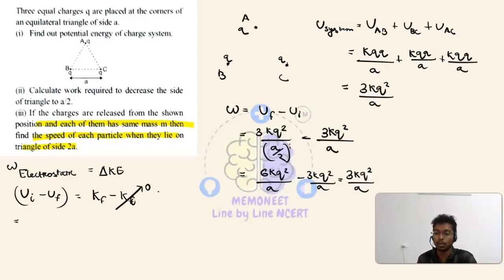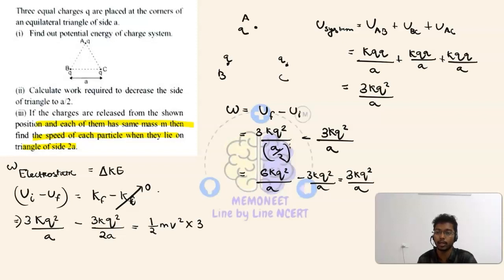So this will be equal to U initial, we have 3kq²/a, minus U final, when we have side 2a, that is 3kq²/2a, equal to half mv² into 3. Why are we writing 3?